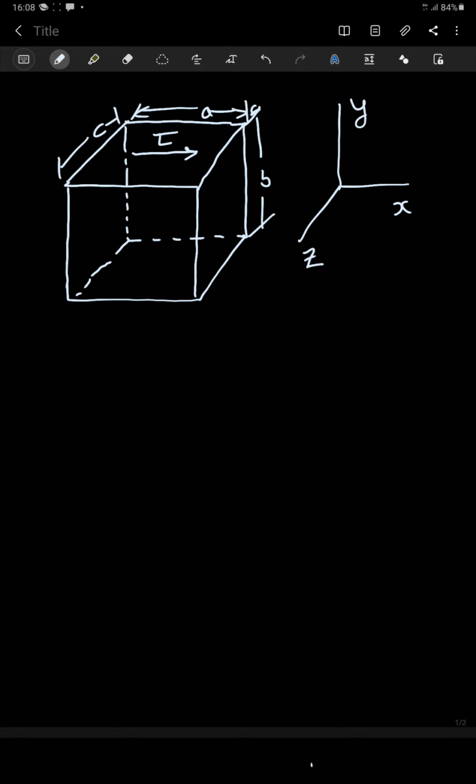Okay, this is the rectangular parallelepiped having sides ABC, where ABC coincides with the XYZ axes, and the front and rear sides are free from shear stresses. Now this tau is distributed uniformly. Of course this is the stress.